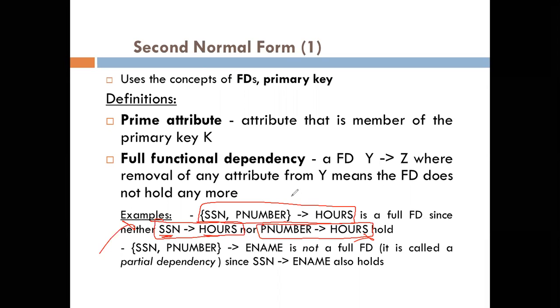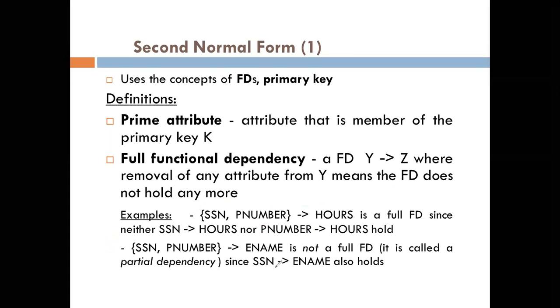So when we have such kind of functional dependencies where we cannot further divide it or remove any attribute from left side of the functional dependency, so in these cases, we say if removing any attribute removes the functional dependency and it doesn't hold, then we say this hours is fully dependent on this. So in this case, we say it is fully functionally dependent.